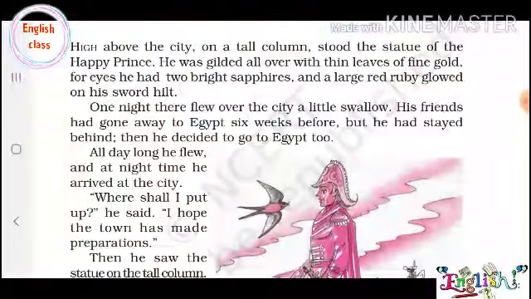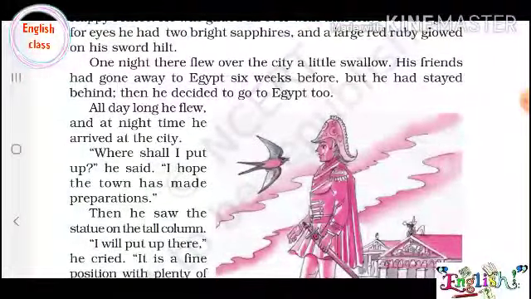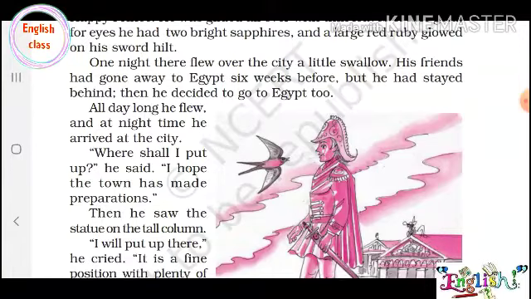All day long he flew, and at night time he arrived at the city. So the whole day the swallow was flying, and at night he arrived at the city of a happy prince. "Where shall I put up?" he said. "I hope the town has made preparation."